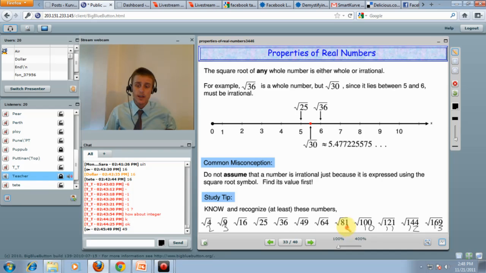I think you see a trend. Although most numbers that are a square root will be irrational, not all of them are. If they can become a whole number, they are not irrational. These are all rational numbers.